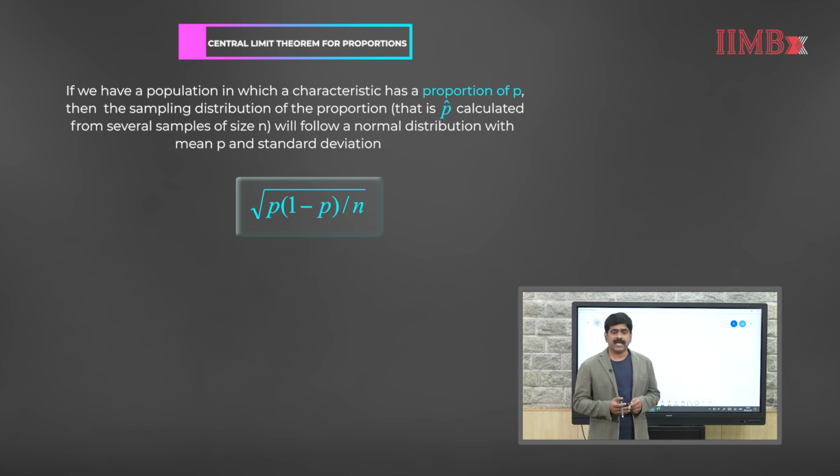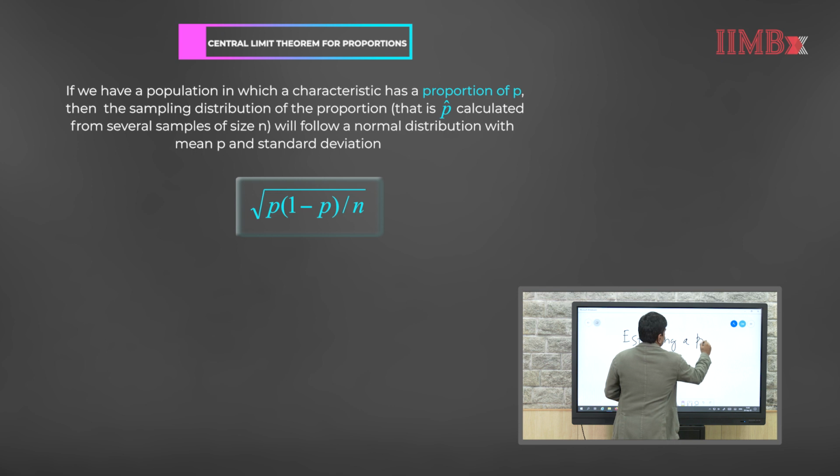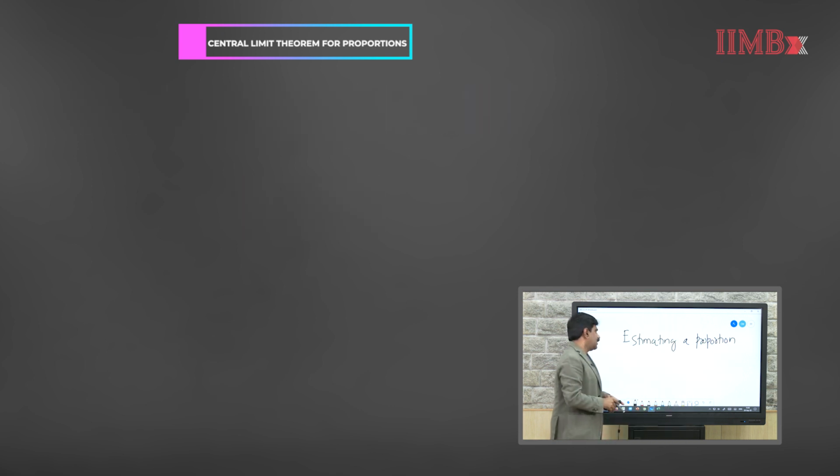So, let us try to understand the sampling distribution of proportion and central limit theorem of proportion. So, we are talking about a situation where we are estimating a proportion. For example, let us assume that we are estimating the proportion of people who would return the products purchased from e-commerce sites.